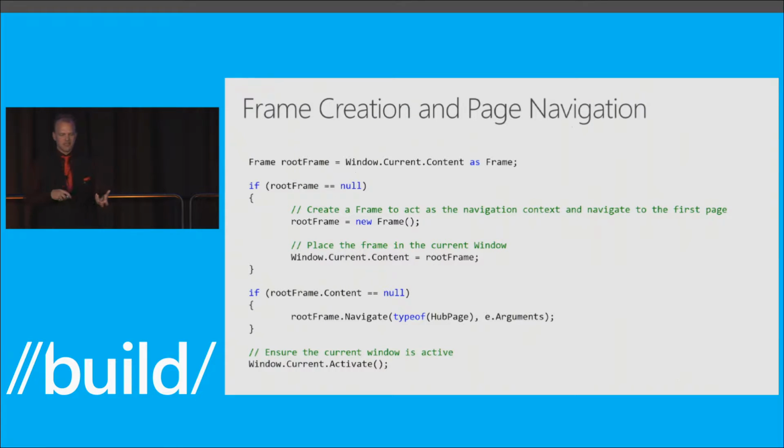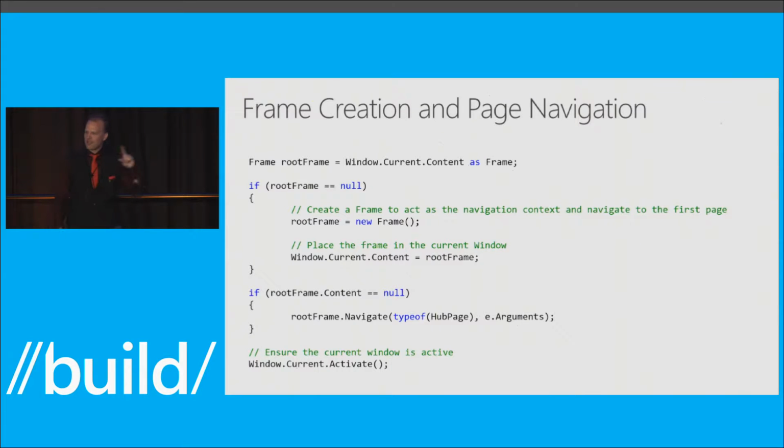You attach it into the window's current content. On the frame you create a navigation, and that's the actual navigation there. So you create a navigation to a hub page in this particular example, and that is something you have seen a lot of, I guess.